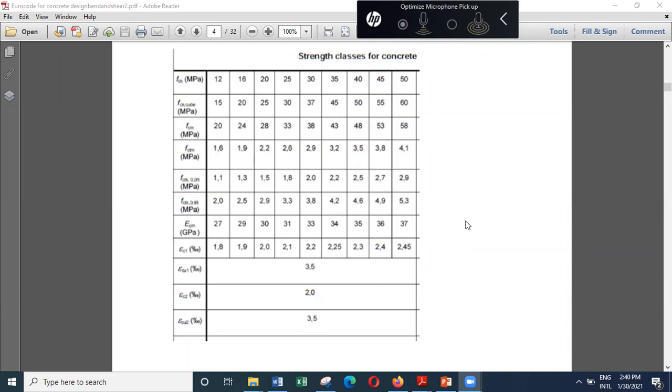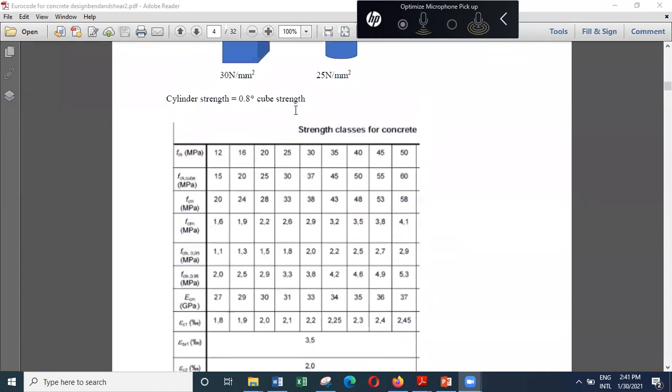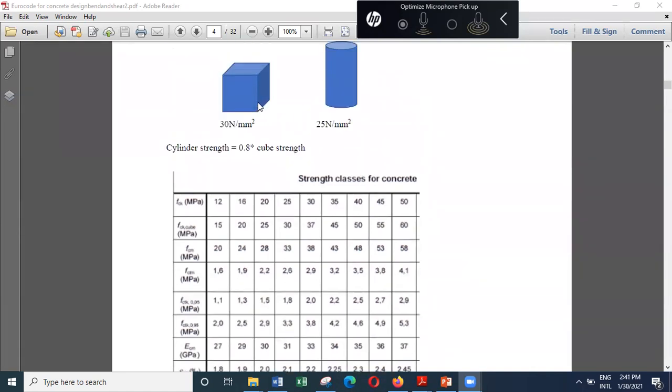So this is an extract from table 3.1 of Eurocode 2. And here you can see the concrete strengths, the cylinder strengths are given here. The corresponding cube strength is given here. So the general relationship is that the cylinder strength is only about 80% of the cube strength.